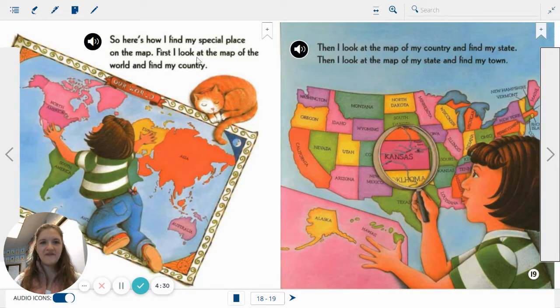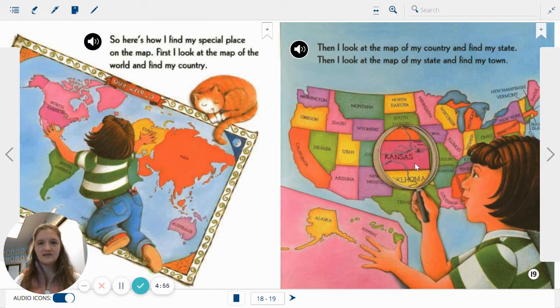So here's how I find my special place on the map. First, I look at the map of the world and I find my country. So here we have the whole world, and she's going to North America, which is our continent, and then the United States of America, which is our country. Then I look at the map of my country and find my state.